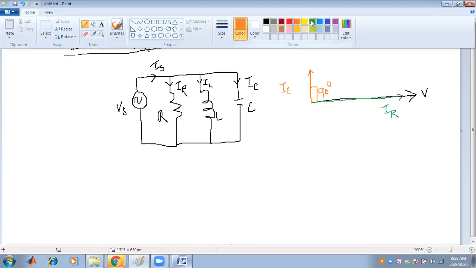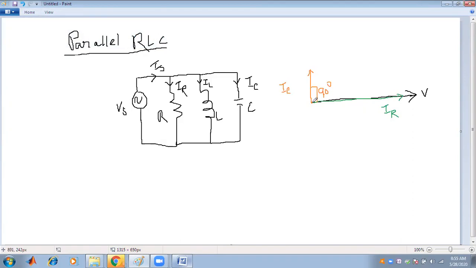In the case of IL, it lags the voltage by an angle of 90 degrees.